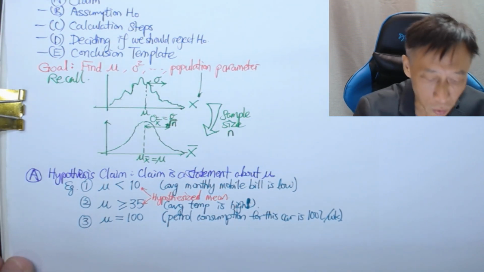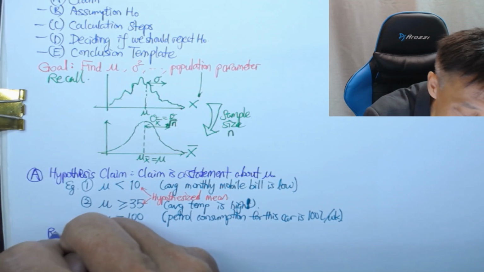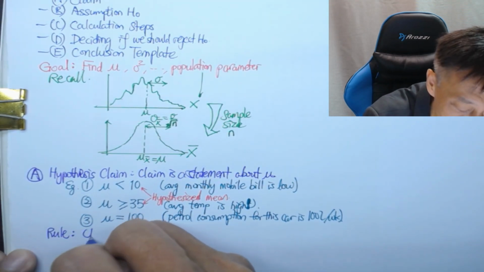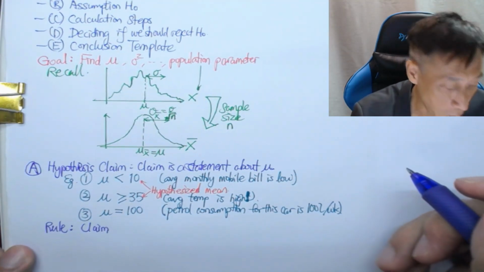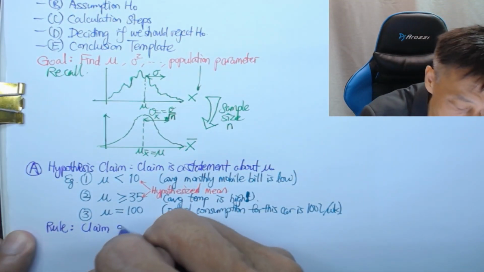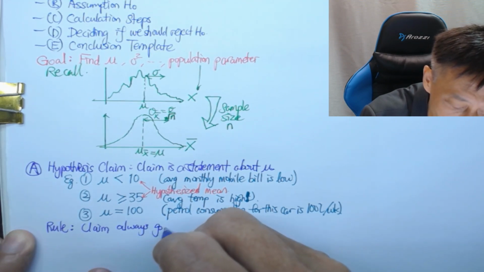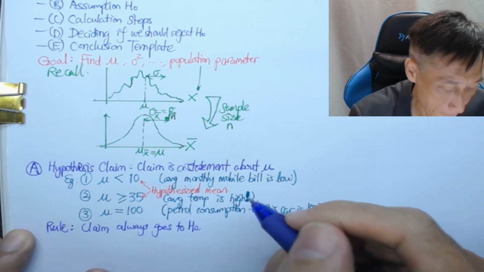Okay. So the rule that governs this is the meat of it. Here's the rule that you should remember. Right? The rule is the claim statement. I will just abbreviate as claim. So the claim always goes to H naught, right?